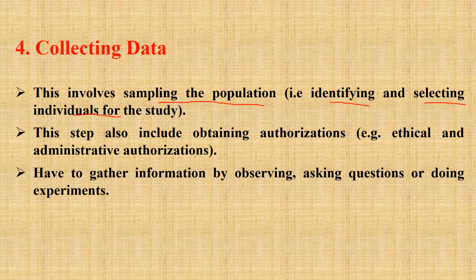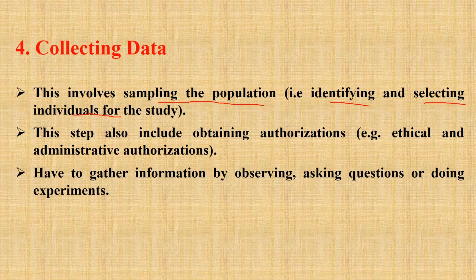And if the person does not respect them, what conditions would require me to exclude the individual from the study? So all of that is done in the data collection section, known as sampling of the population, okay?